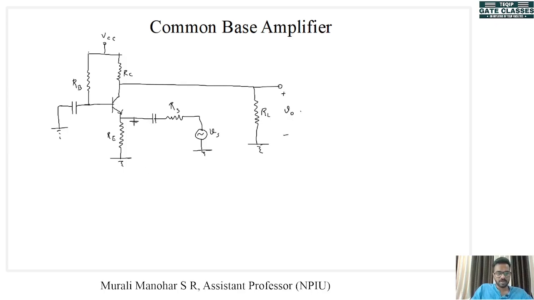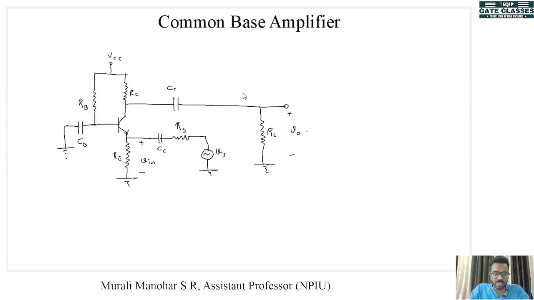Here we have our Vin. So this is the circuit of a common base amplifier. Now this capacitor is called the base capacitor CB. Here we need one more capacitor, a coupling capacitor CC. Here also there is CC, coupling capacitor.